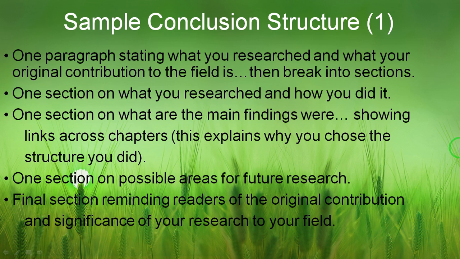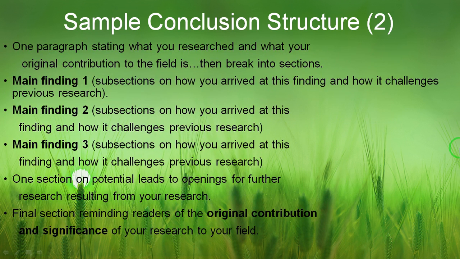So you have to show the link across chapters. The other section is on possible areas for future research. And the final section is you can remind the readers of the original contribution and significance of your research to your field. Again, this is an example of how you can structure your conclusions.